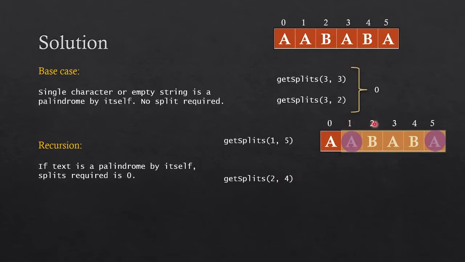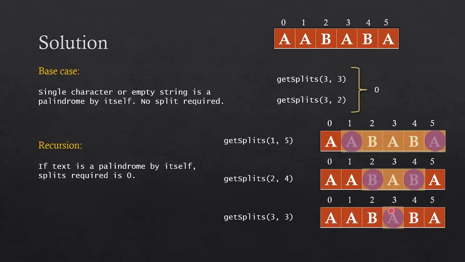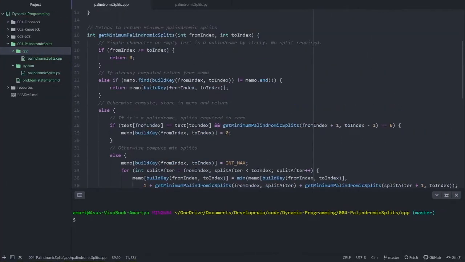So you check from index plus 1 and to index minus 1, and compute the getSplits for this. Then you see that B and B are the same again, so you repeat the same thing and end up with a single character. Once you get a single character like this, you return 0 from the base case.